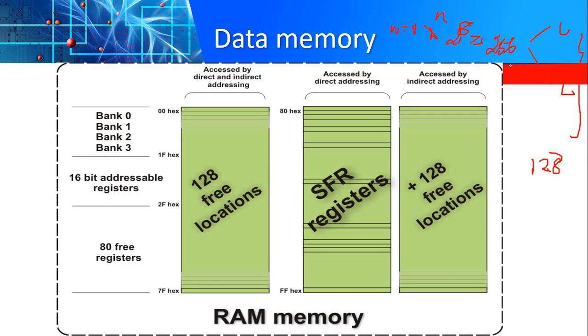Okay, these bytes will be accessed by either direct addressing or indirect addressing. The lower bytes are accessed by both direct addressing and indirect addressing. What will this lower internal byte area have? It will have register banks, bit addressable registers, and also general purpose registers.